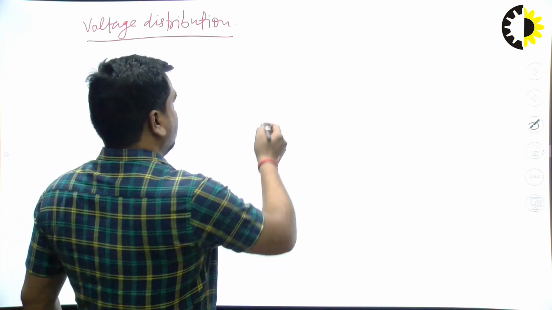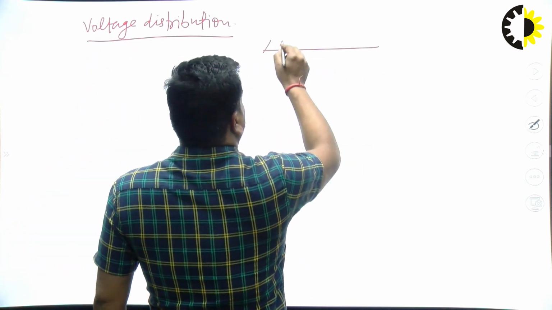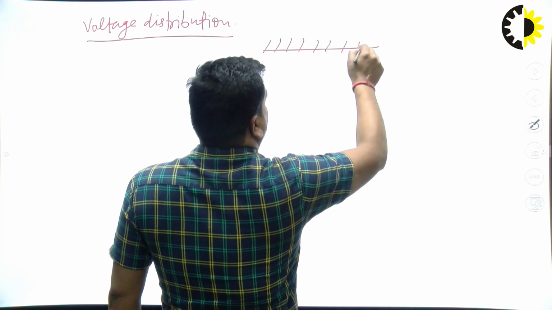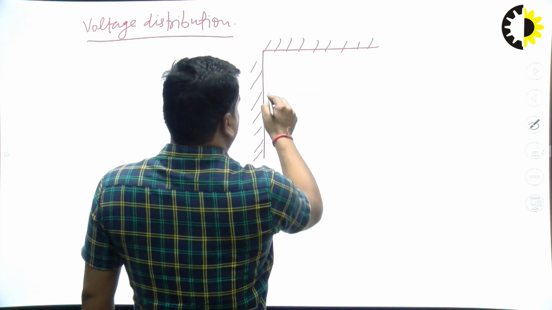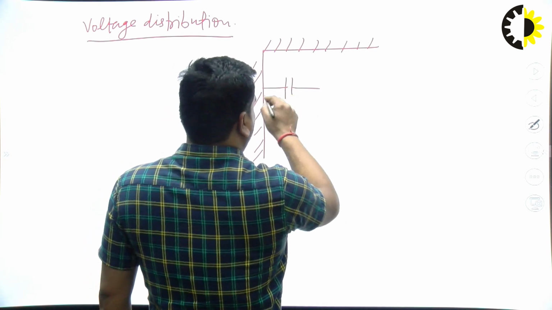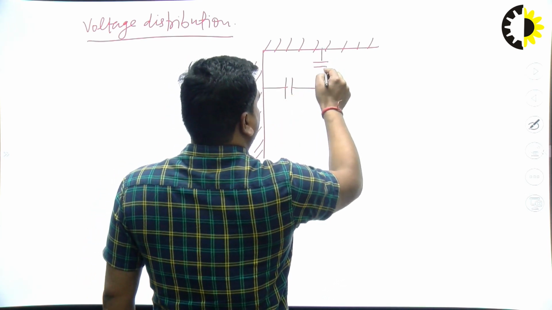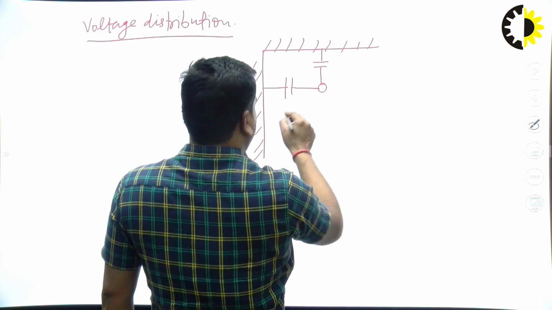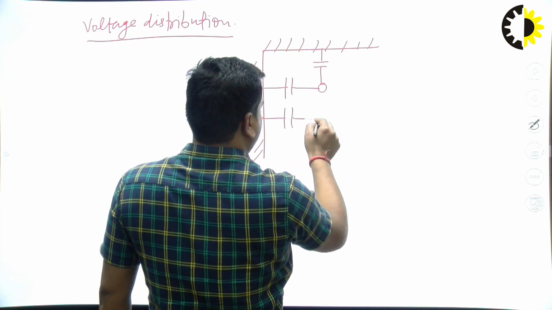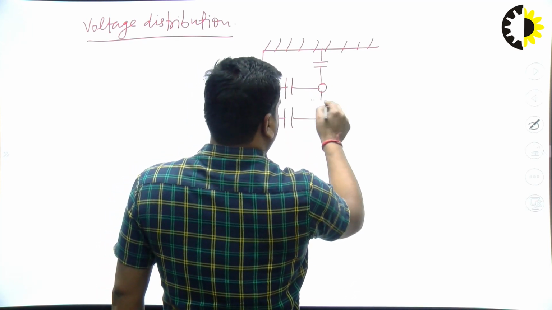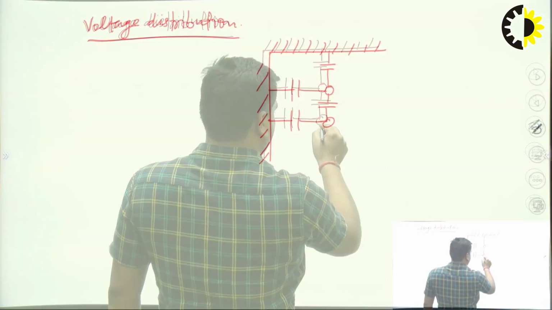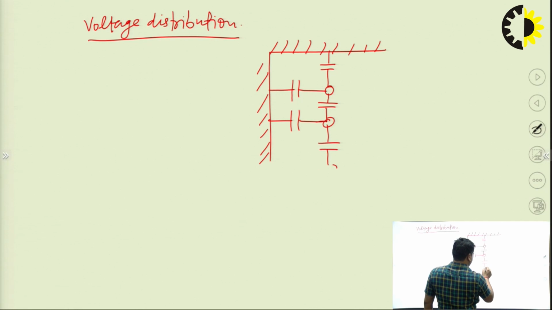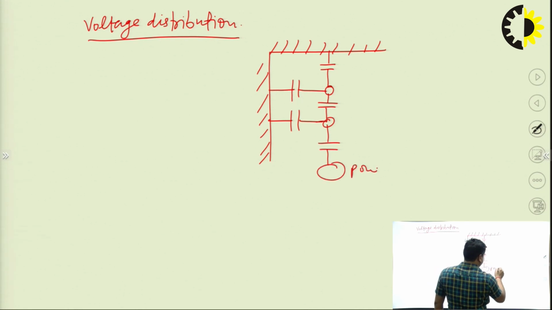So let's see, here it is the tower structure, here the capacitance formed between the cross arm and the disc, and this is the power conductor.